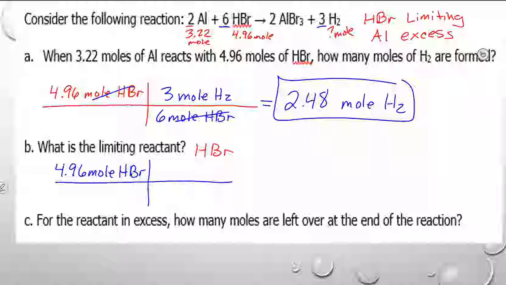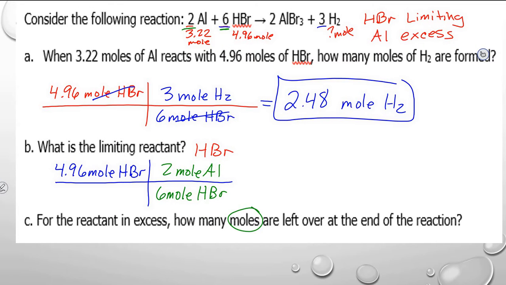So we're going to use the 6 moles of HBr to 2 moles of Al. And they just want moles, so I don't even have to go to grams. Moles of HBr go out. This time I'm dividing it by 3 basically. 4.96 times 2 divided by 6 is basically dividing it by 3. And we get moles of aluminum that we used. It will be 1 point something. What is it?